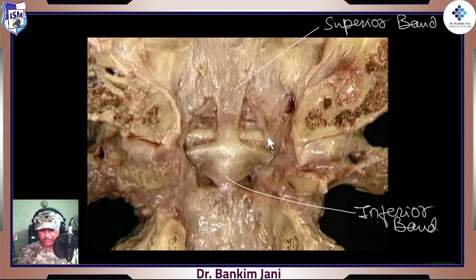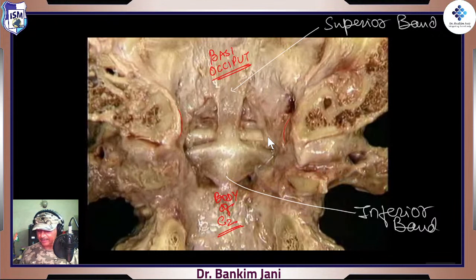Superior band, where should it go? Easy to say, because this is our foramen magnum, so this is the base of occiput. The superior band will be going towards the base of occiput. And the inferior band will be going down. Atlas has got no body, so the nearest body which will come is the body of axis, or C2.